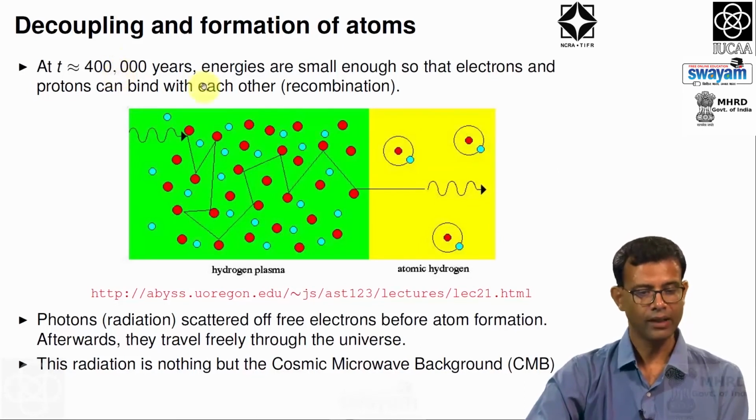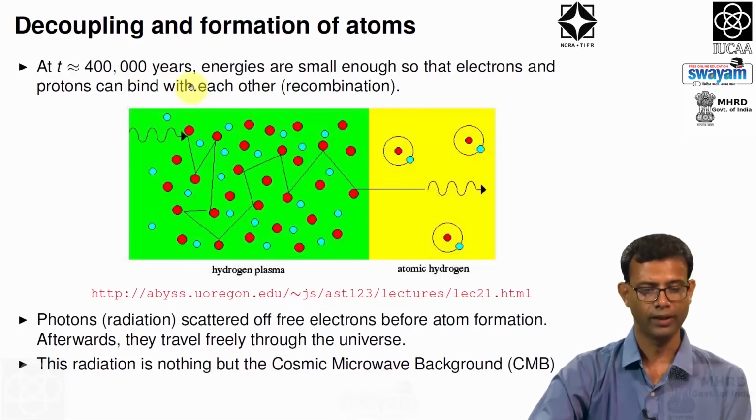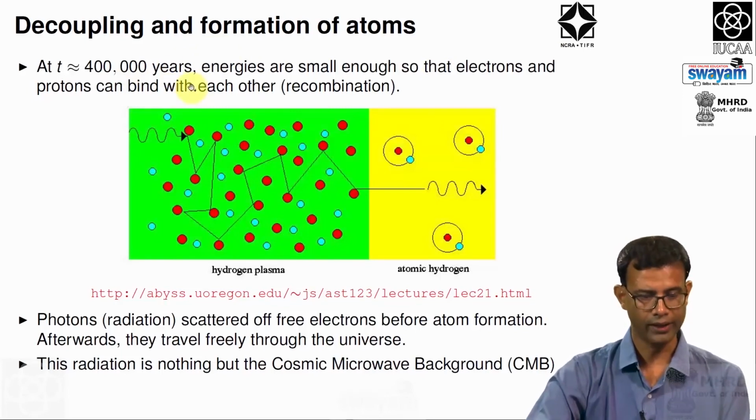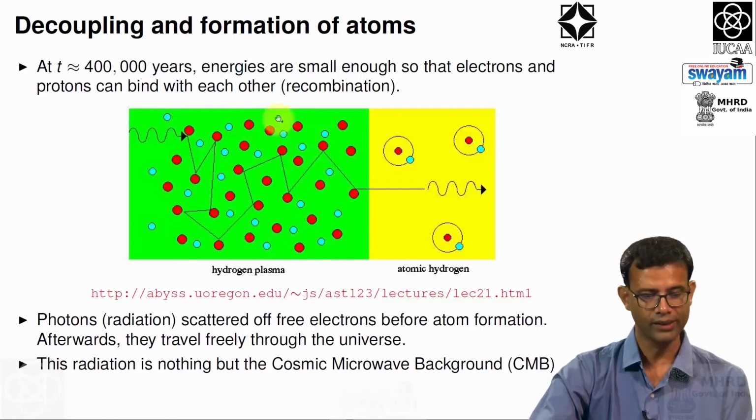So, as we said, the energies are small enough so that electrons and protons can bind together, okay, and form atoms. Now, before that, which is this green region, you can imagine the photons which were coming were constantly getting scattered off free electrons. This is the Thomson scattering, and they were doing this random walk in this plasma. At some point the atoms form.